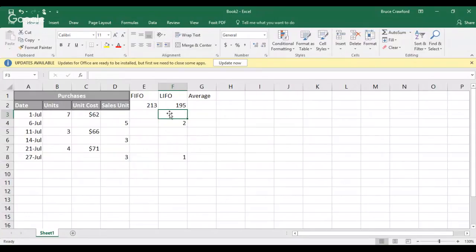So that leaves us at $195 as our cost of ending inventory.